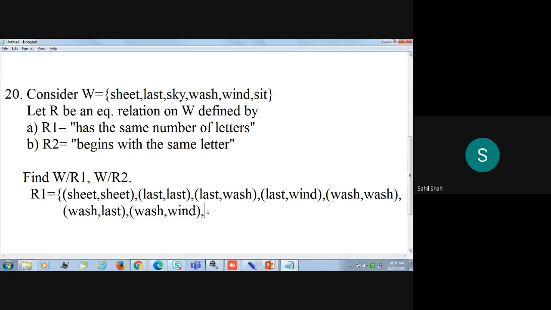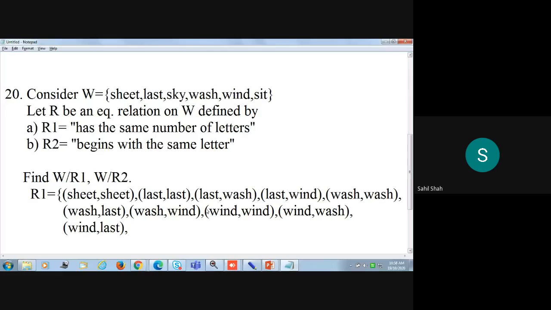Further to this, let us go for wind. Wind will relate with itself. Then wind can relate with wash. It can further relate with last, because they both are sharing the number of letters.